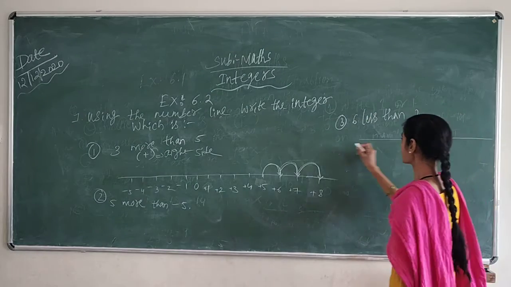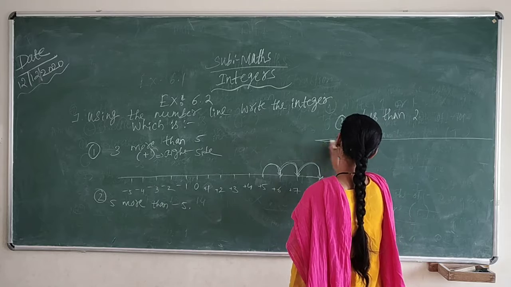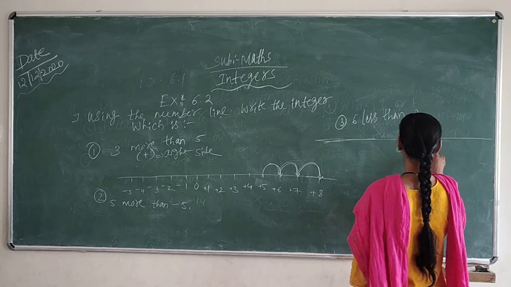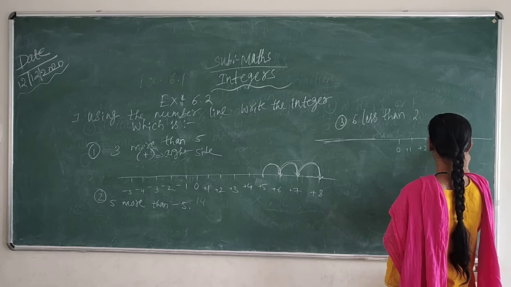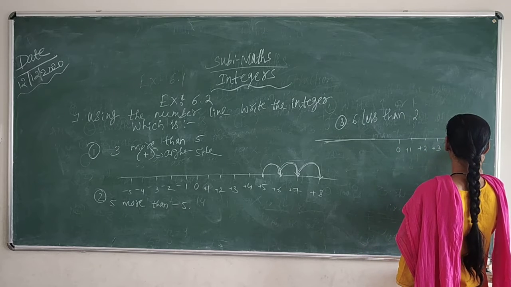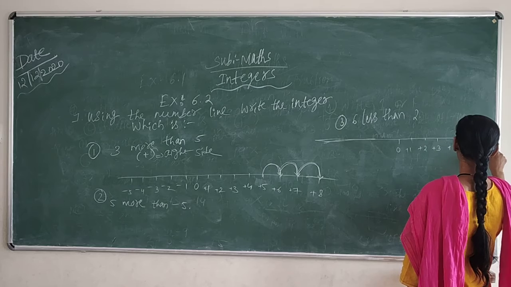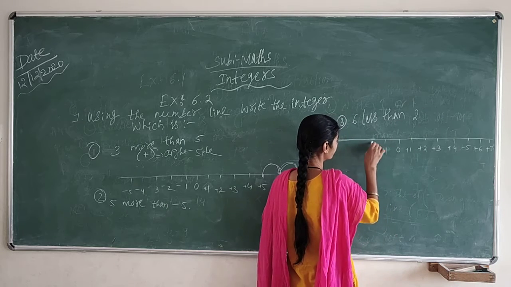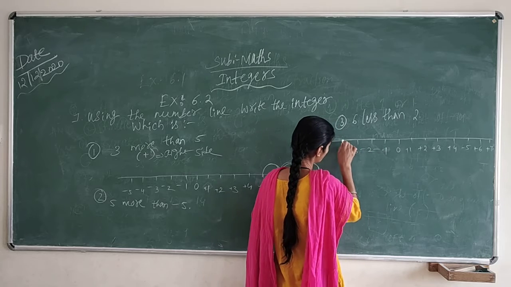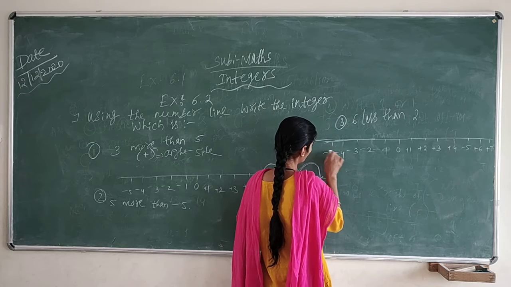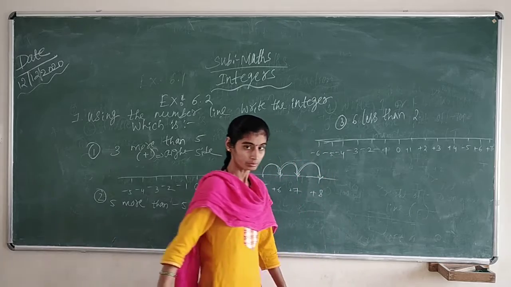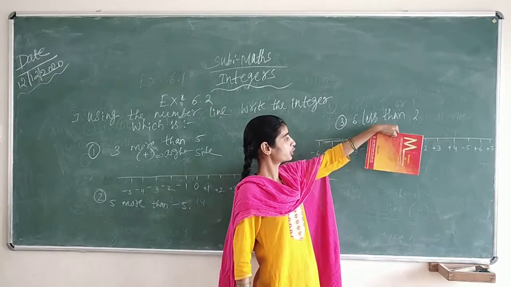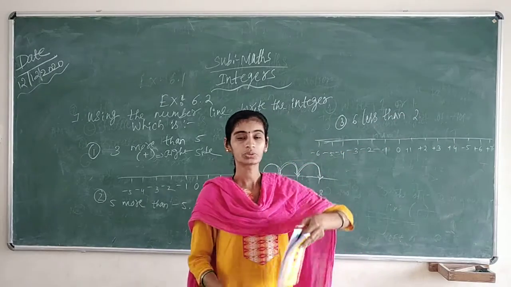So same, you have to draw the number line. 1, 2, 3, 4, 5, 6. So what is the question now? 6 less than 2. How to do it?